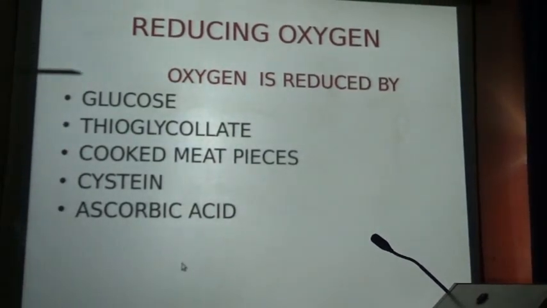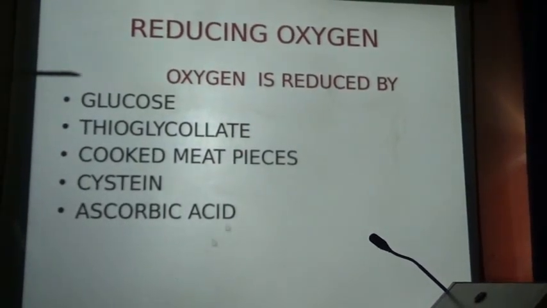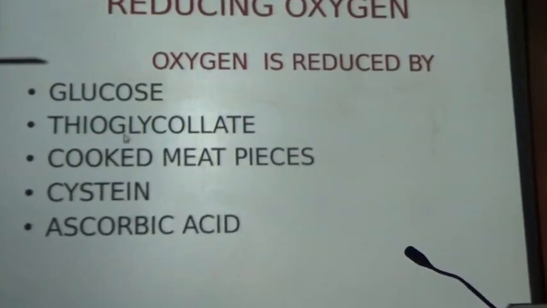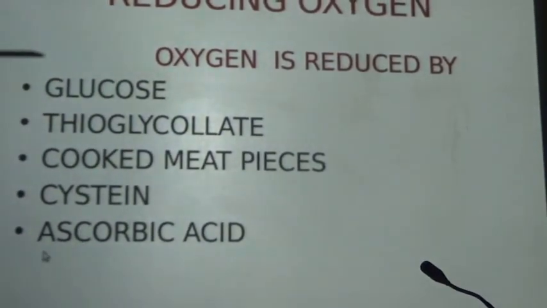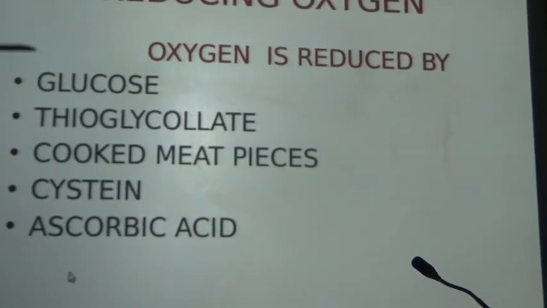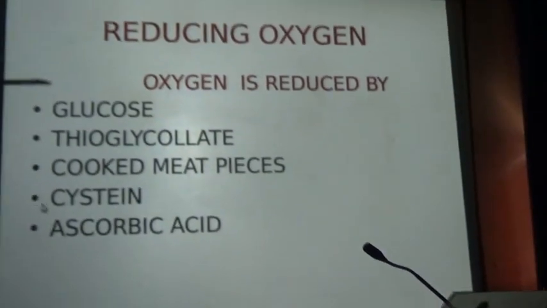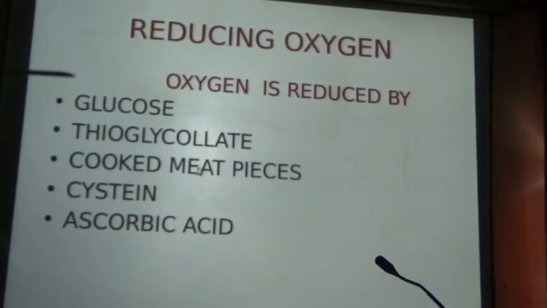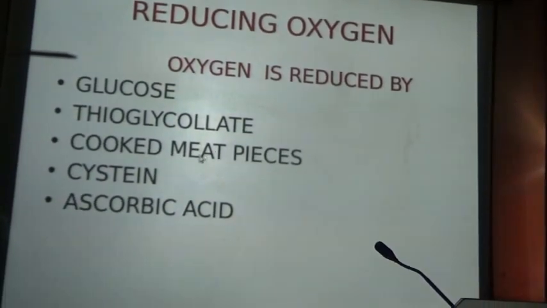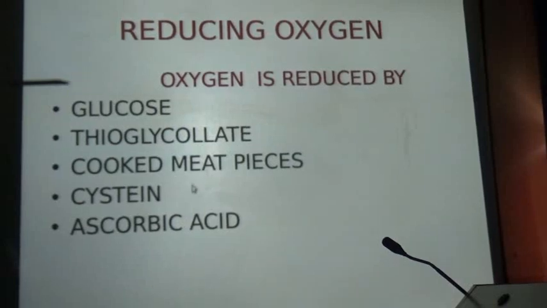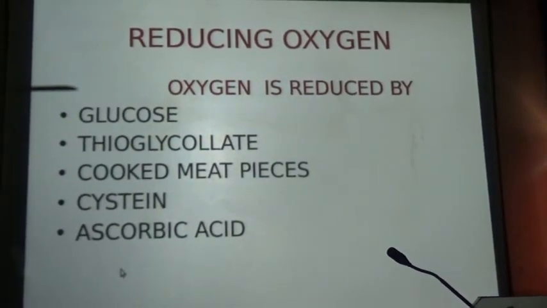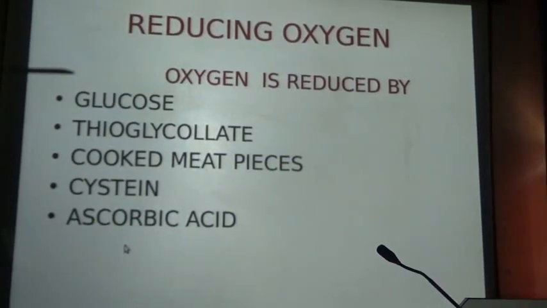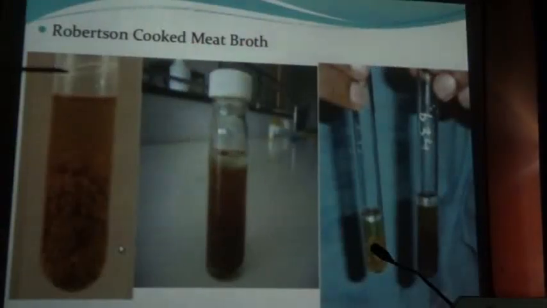Reducing oxygen is done by various chemical methods. These are glucose, thioglycolate, cooked meat pieces, cysteine and ascorbic acid. In routine laboratories, we use thioglycolate medium and the cooked meat pieces or cooked meat broth, or Robertson's cooked meat medium, as reducing agents for the growth of anaerobic bacteria.